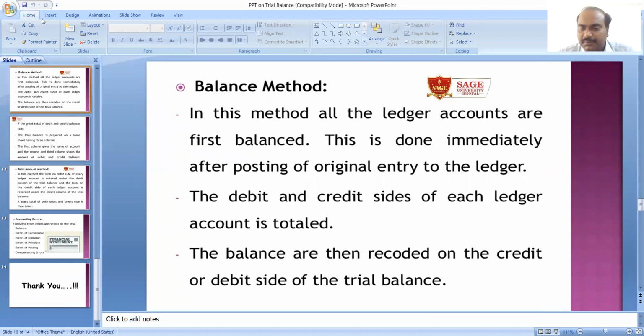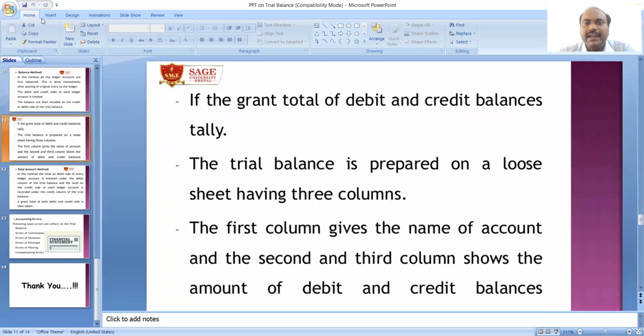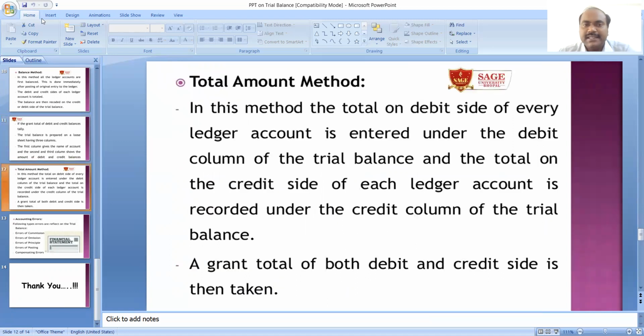If the grand totals of the debit and credit balances tally, the trial balance is prepared on a loose sheet having three columns. The first column gives the name of the account, and the second and third columns show the amounts of debit and credit balances.